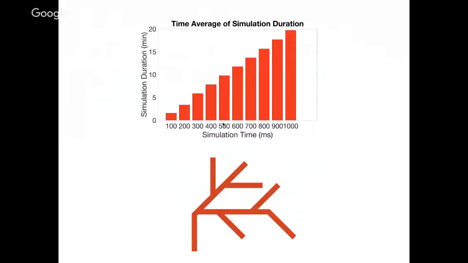The simulation duration was in itself quite long, because you see here it is 20 minutes, but as we move forward, this is a really short time for simulation. It's essentially only 1 second, and it took 20 minutes to run.